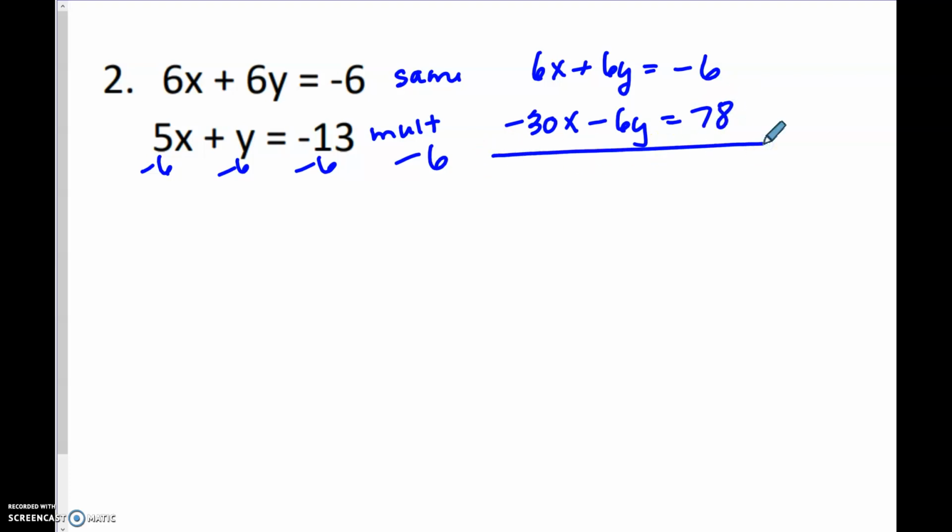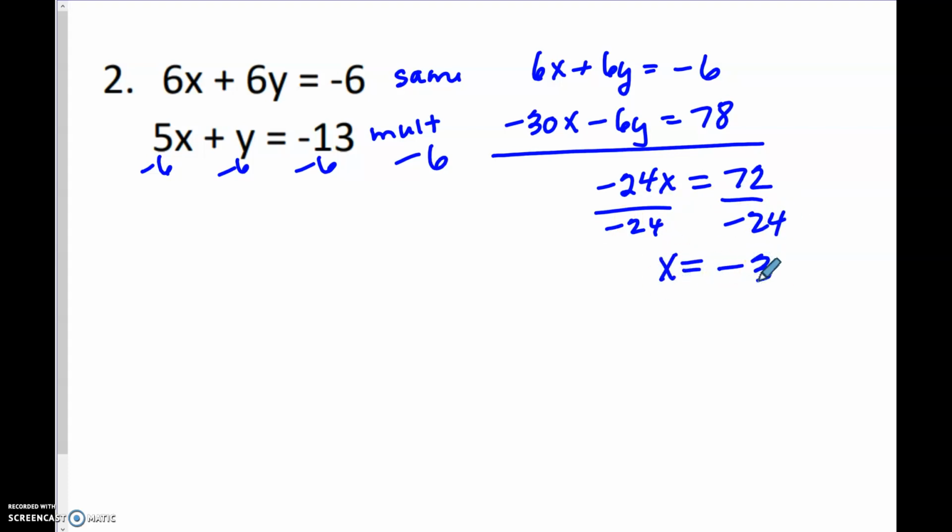So now when I add these together, 30 minus 6 is going to be a negative 24x, and when I take 78 minus 6, I get a 72. And now we are going to divide both sides by negative 24. So x is negative 3.